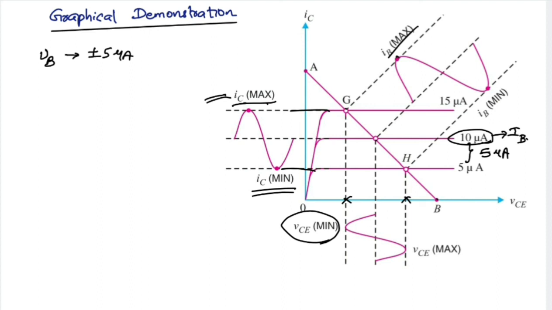Similarly, when base current is minimum, or base current is maximum in the negative direction, then the IC is minimum, but corresponding to that VC is maximum. So we can easily show that the output is 180 degrees out of phase with the input. That means there is a phase reversal occurring in a common emitter transistor amplifier.